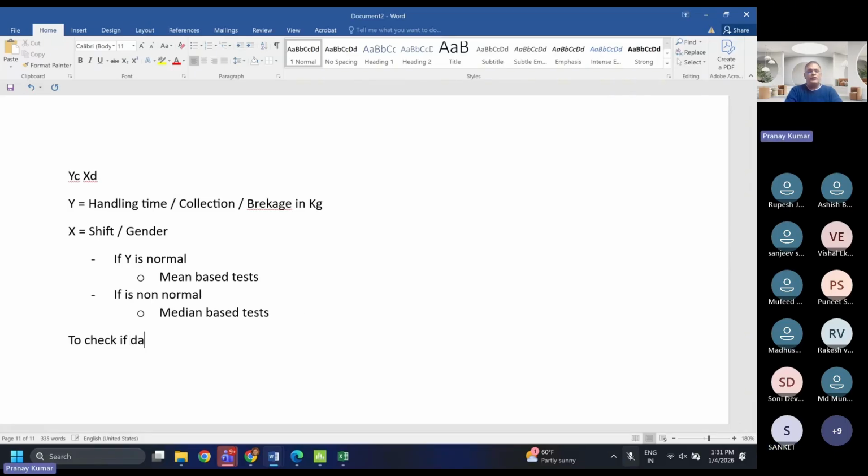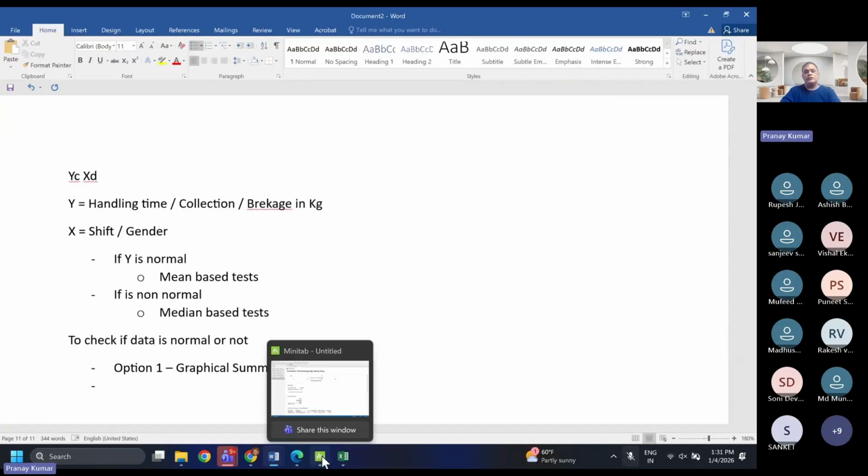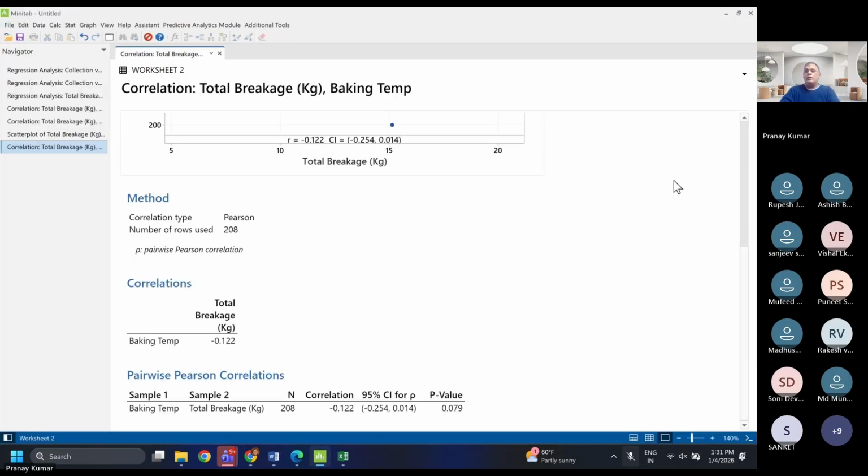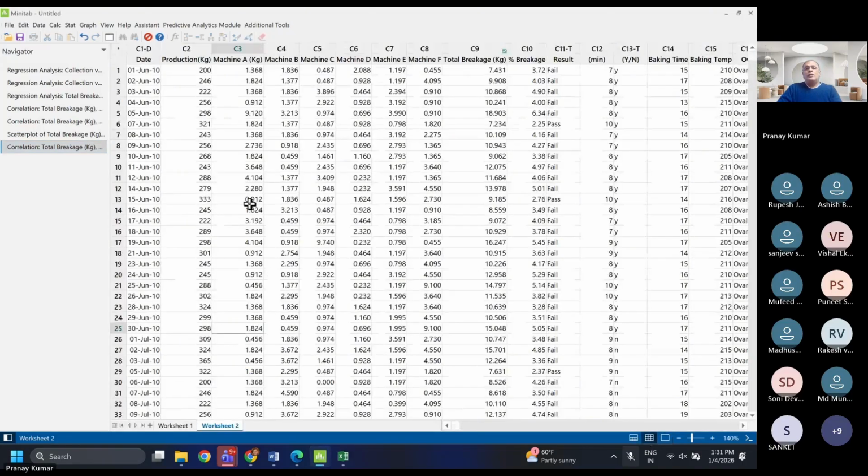To check if data is normal or not, we have three options. Option one, we can use graphical summary. Look at this. I have my project Y total breakage.